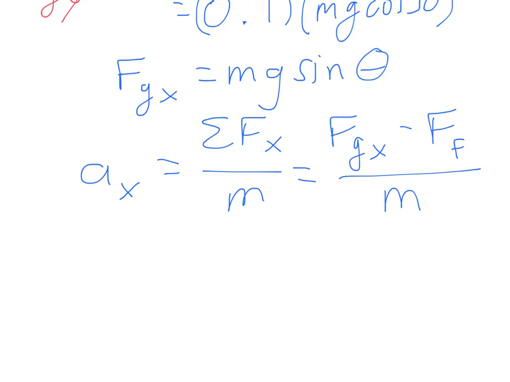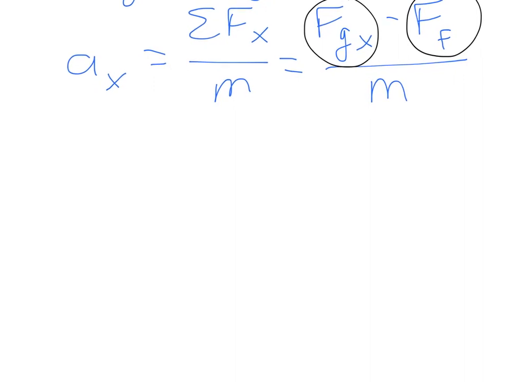Now if we expand this, we know what that is, and we know what that is, so I'll use the space below to write that a little bit larger. We know that FGX is mg sine theta.